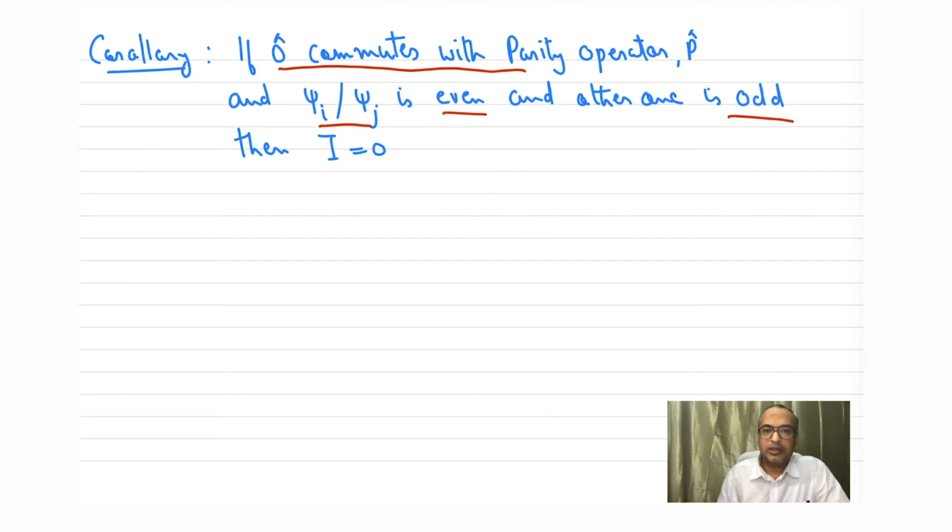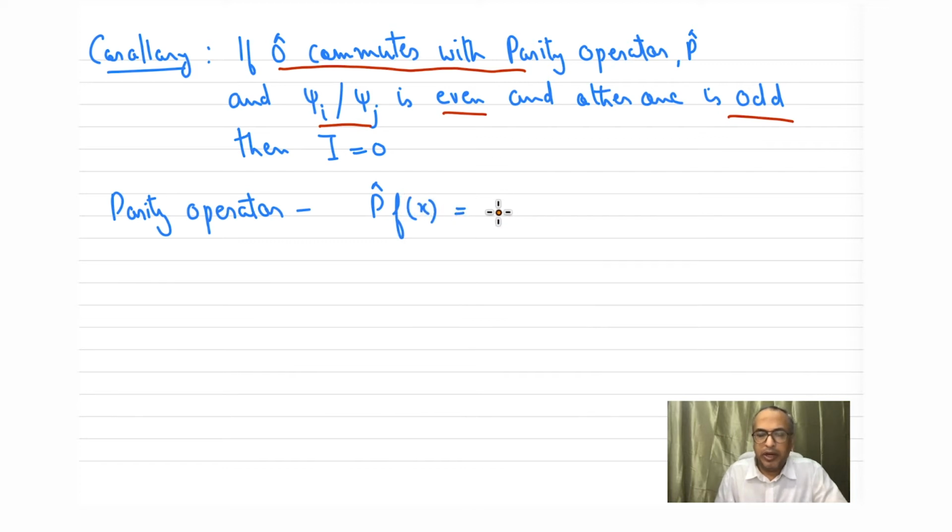So now let us look at first what a parity operator is. The parity operator, denoted by P, on any function inverts the sign of the variable.